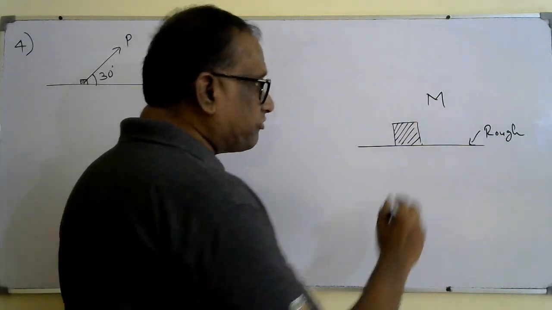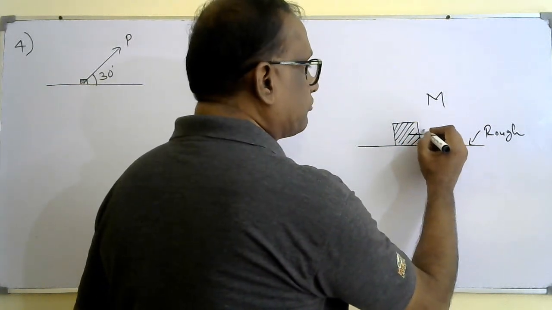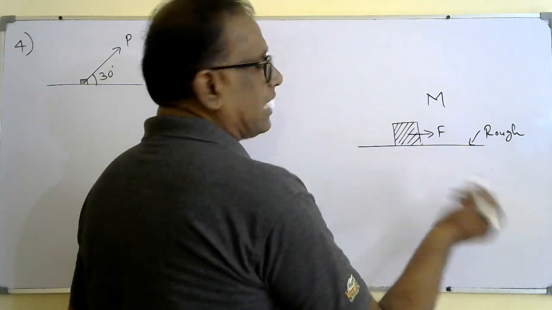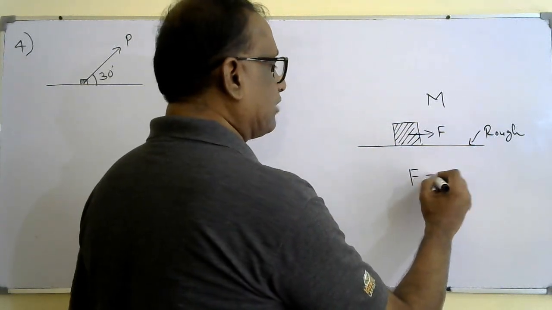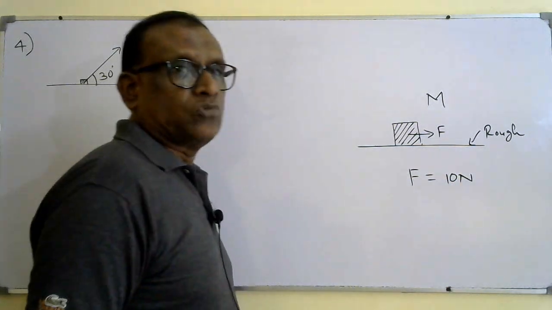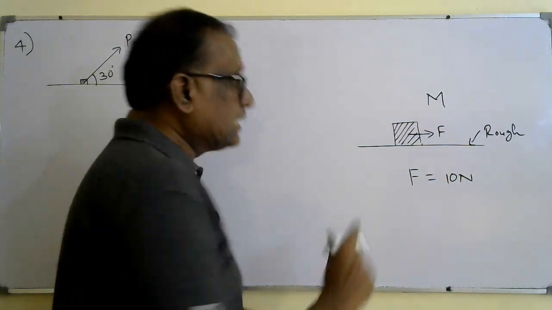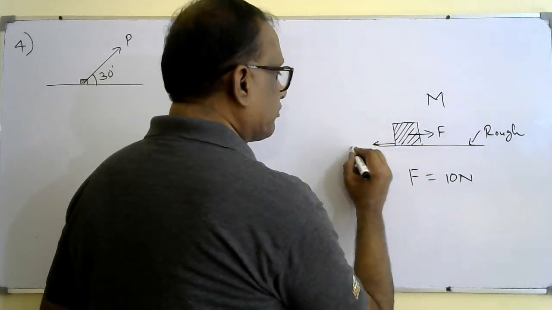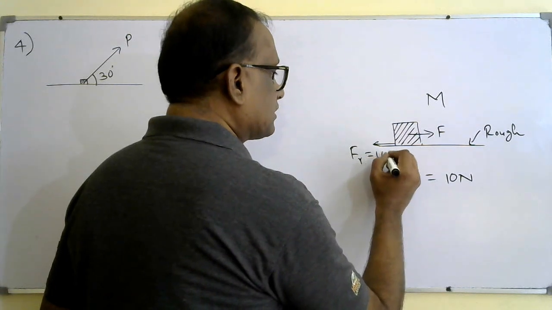Now you apply a force, you pull that object with a force F. For example, you're applying a force of 10 Newton. The block is not moving, it's still at rest. That means there is friction, the friction is 10 Newton.